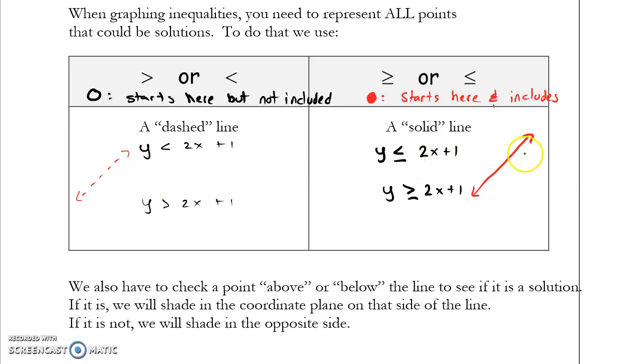Now, you would think that these are the same things, but because it's an inequality, my solution's not just on the line here, or my solution's nowhere here yet. The solution is going to come in the area that we shade, and that's what we have to compare these symbols. So solid line, because they both have the line under it, but I would shade on different sides of this line based on the symbol, whether it's a less than or equal to, greater than or equal to.